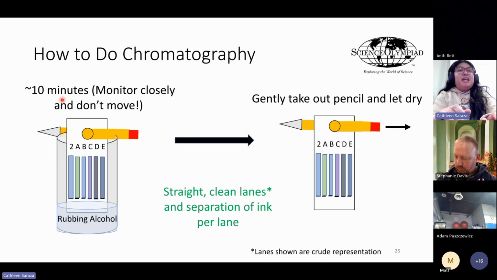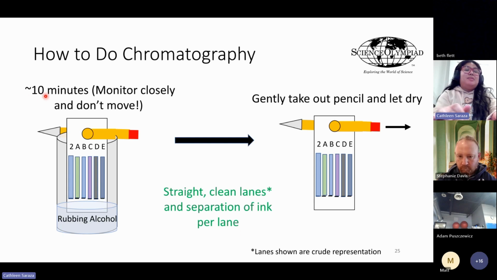Then the students will wait about 10 minutes. Have them not move the cup with the chromatography paper and pencil, and have them also monitor it to make sure that the ink lanes are rising at an even level. Straight, clean lanes and separation of ink per lane are the criteria I use to grade the chromatography papers, the chromatograms.